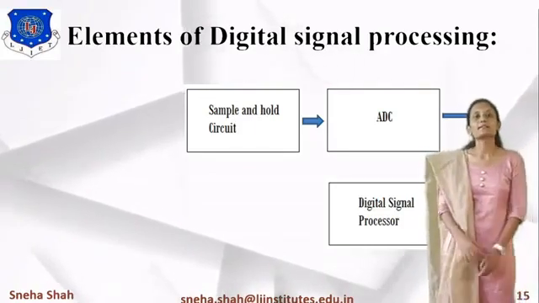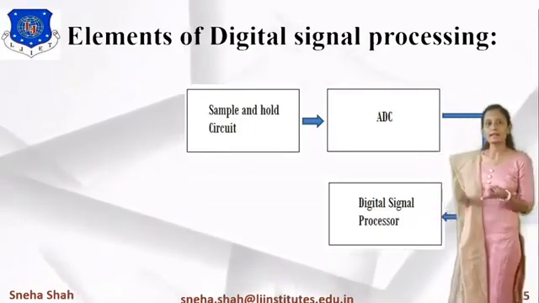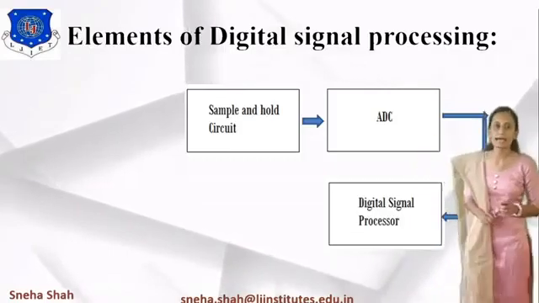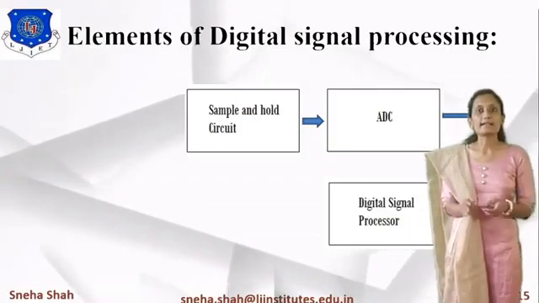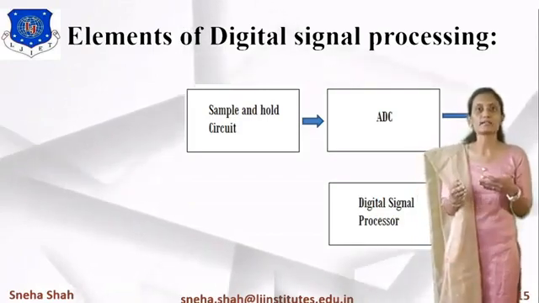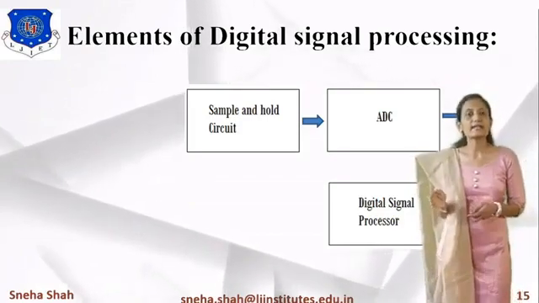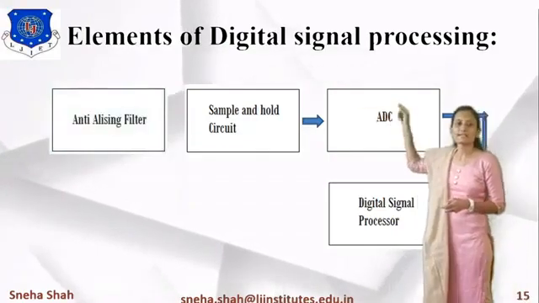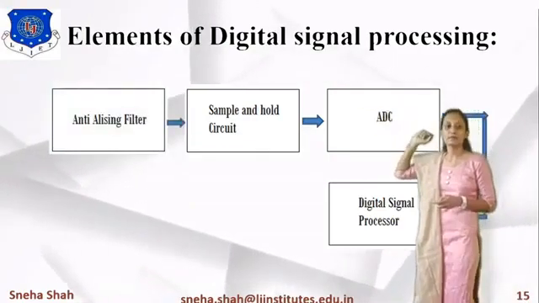So before applying the original information signal directly to the sample and hold circuit, we have to use an anti-aliasing filter. We apply the original information signal to this anti-aliasing filter, and the output of the filter is given to the sample and hold circuit.